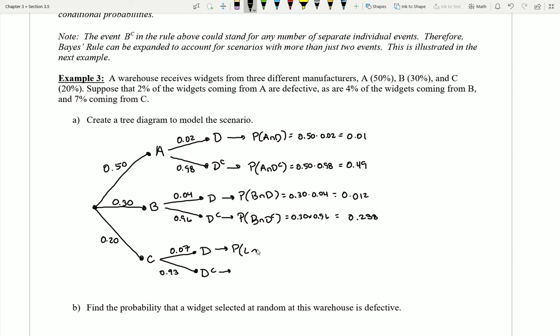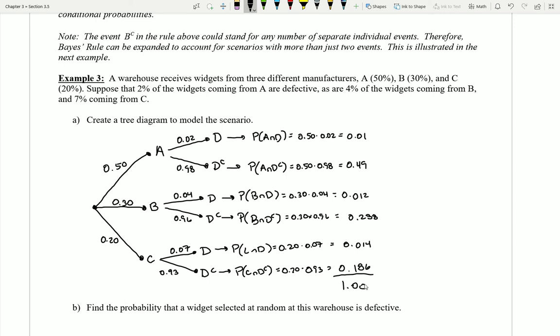Probability of C and D, so that's 0.20 times 0.07, or 0.014. And probability of C and D complement, 0.20 times 0.93, or 0.186. Again, I should be able to double check that at each splitting branch of the tree, I have a 100% split. And over here, as a grand total, I better end up with adding all these numbers together and getting 100%, which indeed I do.